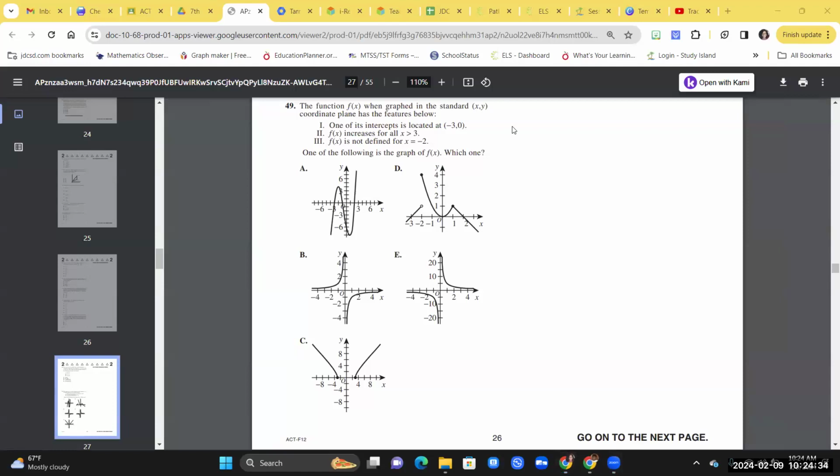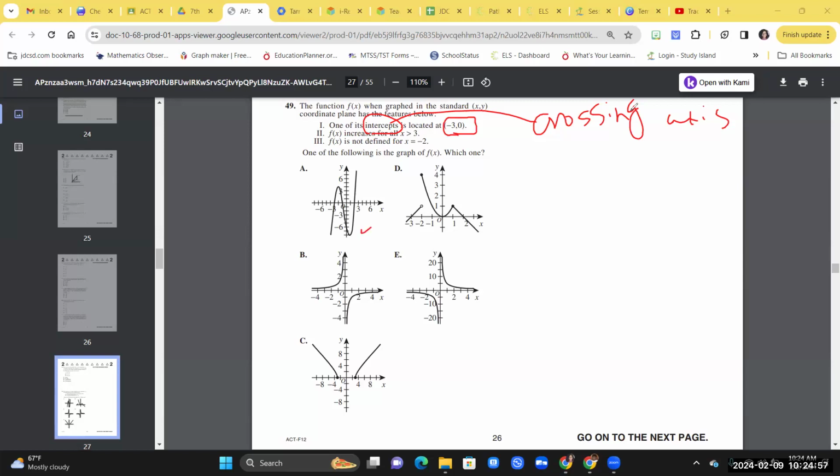The graph of f(x) in the standard plane has features. One of its intercepts is located at (-3, 0). An intercept is where it crosses the axis. That's the first thing we're going to look for.